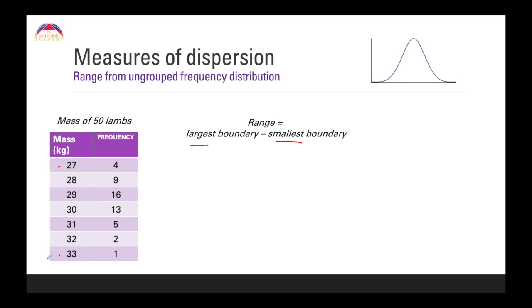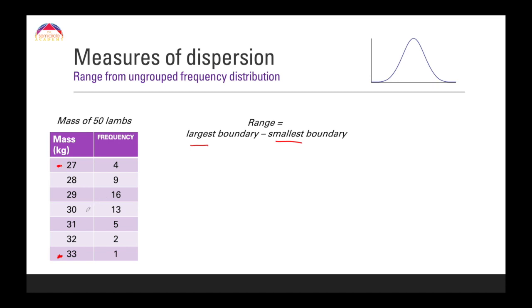When we're talking about range with raw data, you just subtract the smallest number from the largest number, and you're good to go. But that is for raw data, not a frequency distribution. With a frequency distribution, you have to take the largest boundary and subtract the smallest boundary.